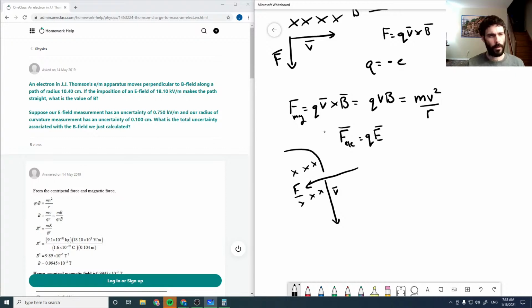All right, and so for it to fly straight, our qvB minus our qE must equal 0. For it to fly straight, there's no longer centripetal acceleration, so qvB is equal to qE.